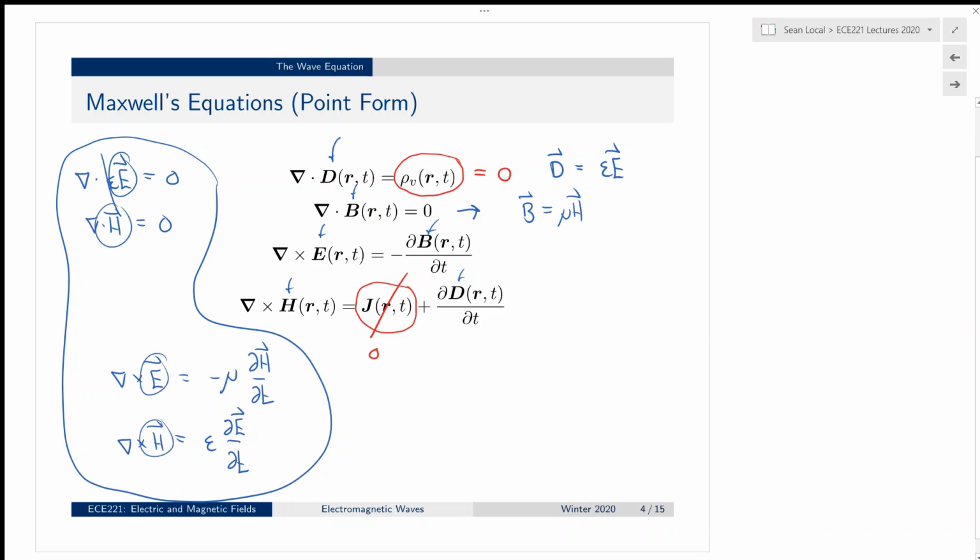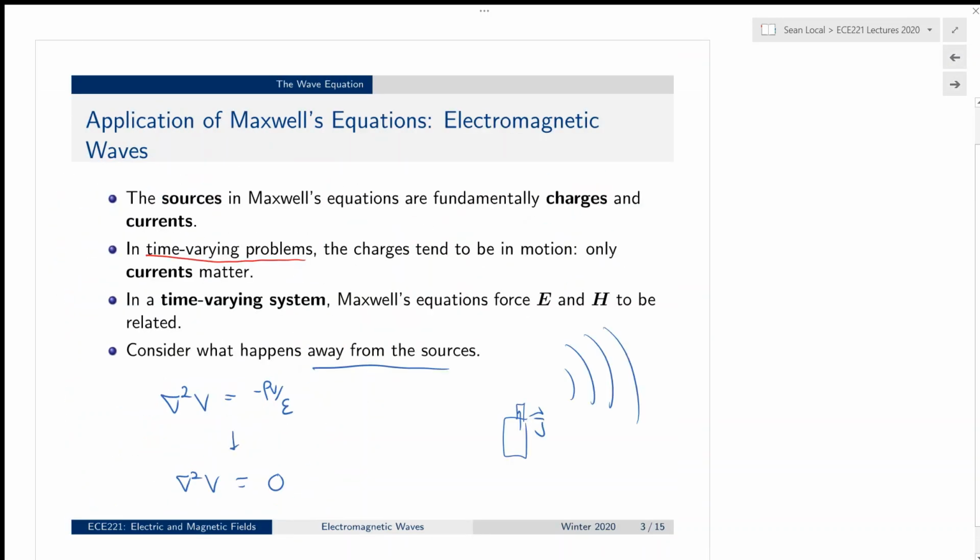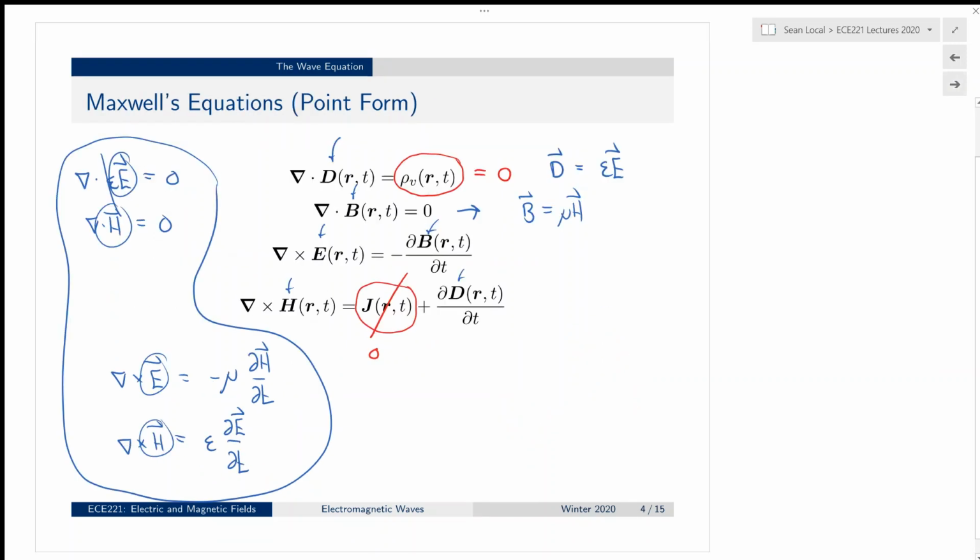Returning to the previous point on the slide here, we said that Maxwell's equations force E and H to be related. And when we look at these new source-free equations that we have written here, we see that we've constrained divergence of E and divergence of H to be 0, which is just, they can't have a divergence, they can only have a curl.